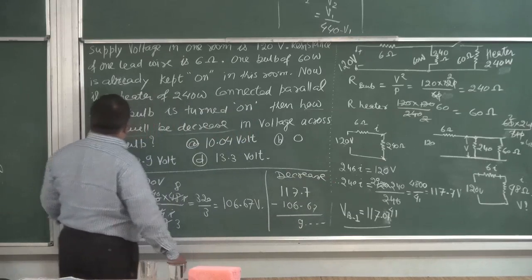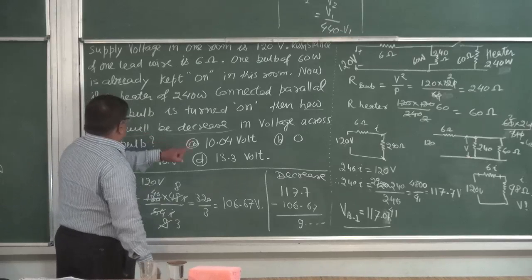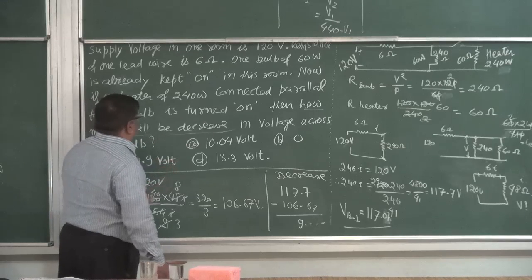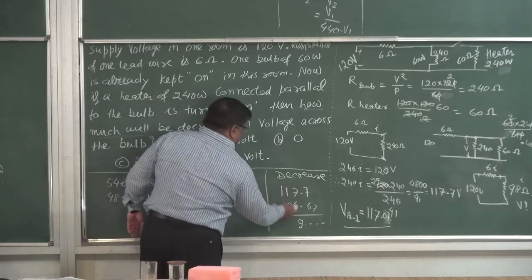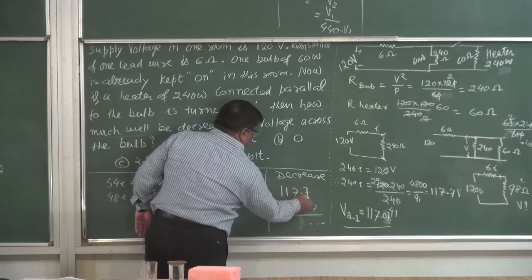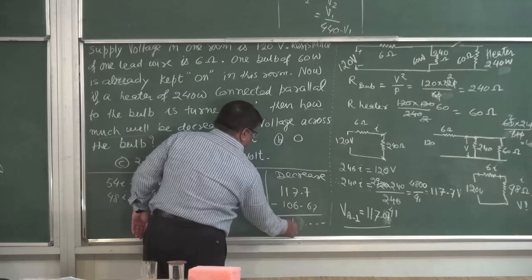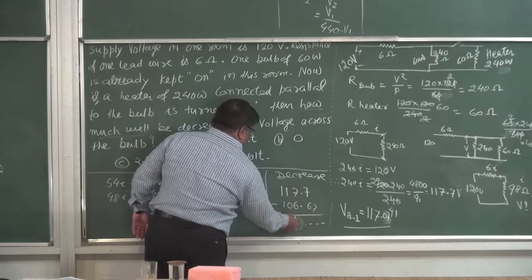Do we have any answer in options A, B, C, D? The answer which is very close, sorry, not 9, 17 minus 6, it is 10 point something.